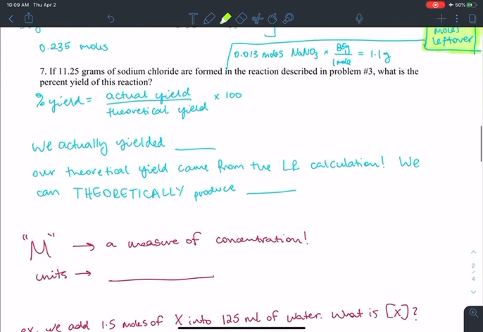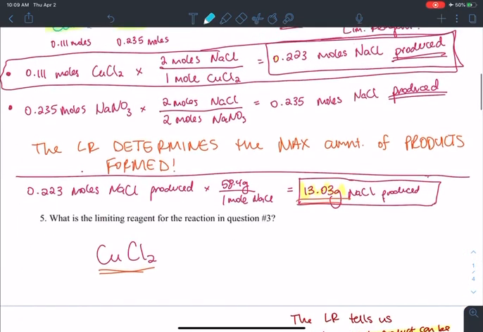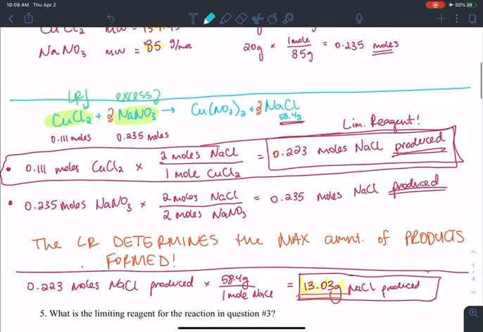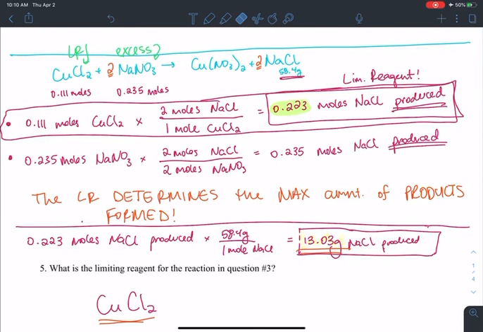Okay? The next and final question asks about percent yield. So it says if 11.25 grams of sodium chloride are formed in the reaction, what is the percent yield? So theoretically, right, we think that based on our calculations up here, about 0.223 moles of sodium chloride can be produced, which we calculated to be 13.03 grams, right?